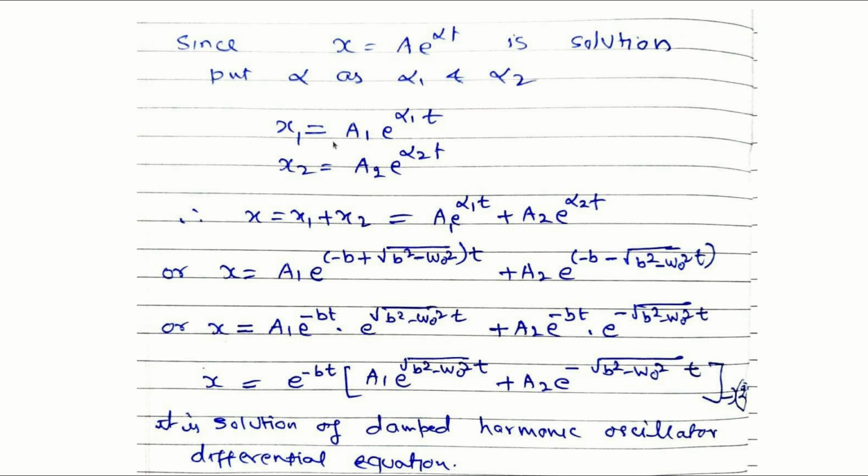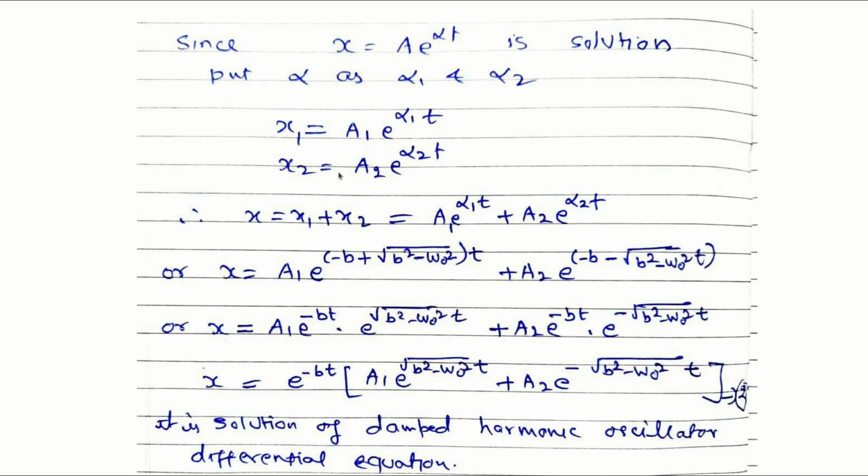So x1 can be written as a1 e raised to alpha 1 t. So we are considering here some different constants. x1 is with alpha 1, x2 is with alpha 2. So we can take with x1 this constant as a1 and with x2 this constant as a2.